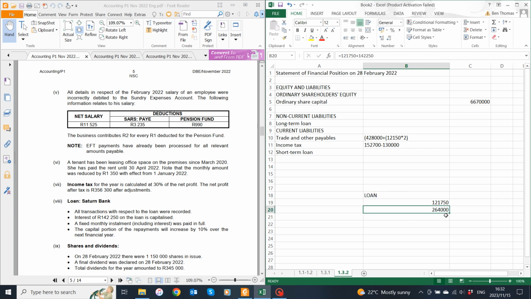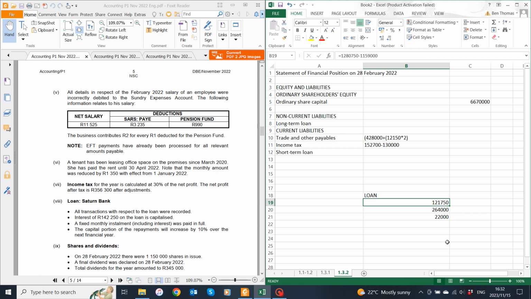This 264,000 is the total amount of payments that you made throughout the year. So if you divide it by 12, you'll get a monthly repayment on the loan of 22,000 rand. So now you know how much you're paying per year and per month.